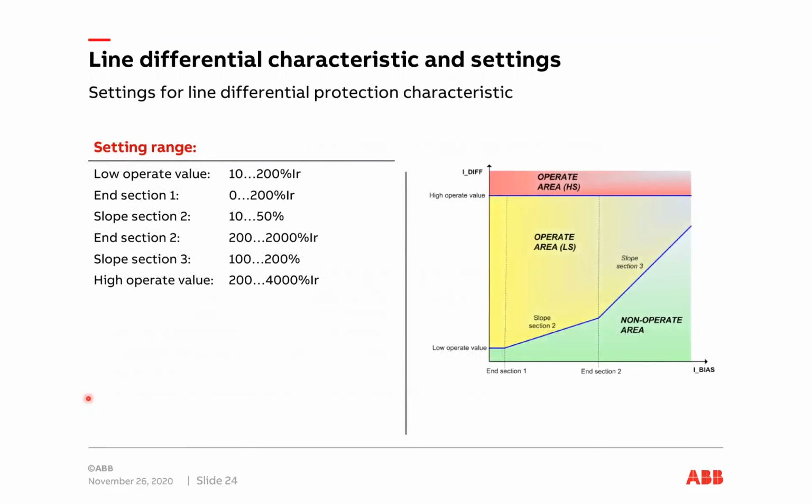Looking then more closely at the differential characteristic settings, we have quite many settings that we can adjust the characteristic with. We have the low operate value. We can adjust the end section 1. We can adjust the slope section 2, how steep the slope is, when the end section 2 will start, and also how steep the slope section 3 will be.